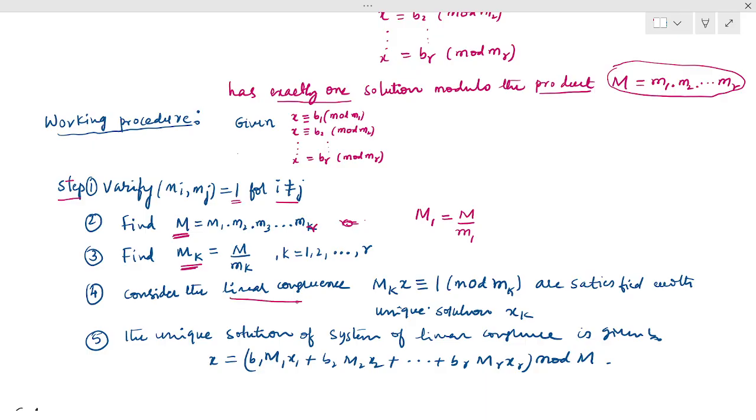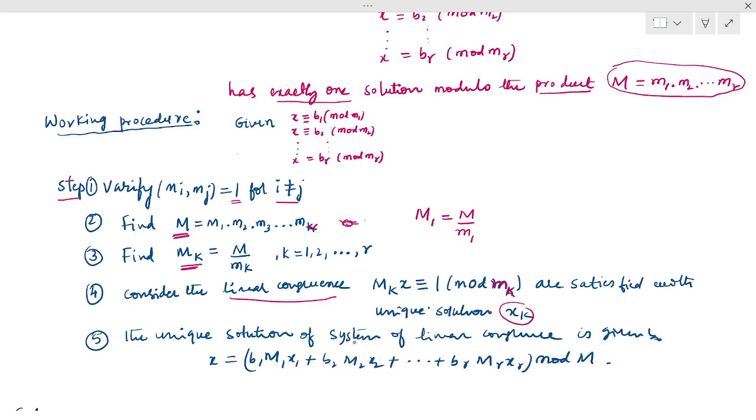Next, consider a linear congruence: capital Mk x is congruent to 1 mod small mk, which is satisfied by a unique value of xk.